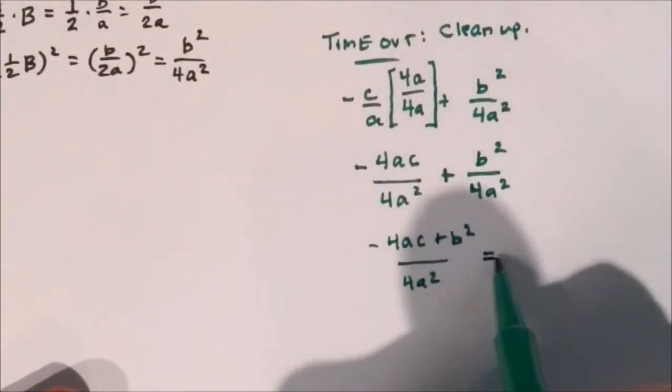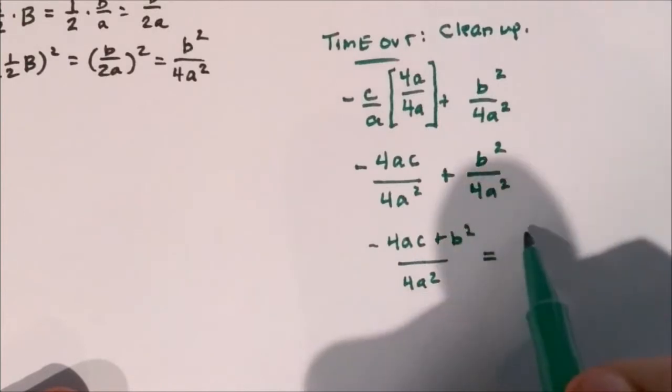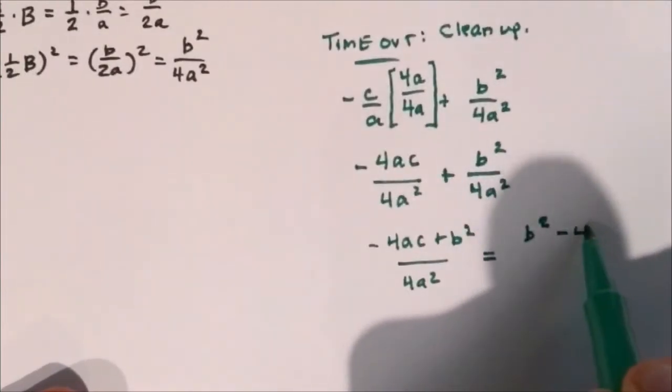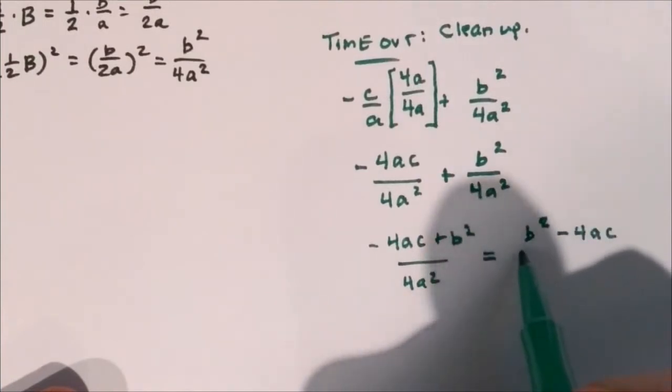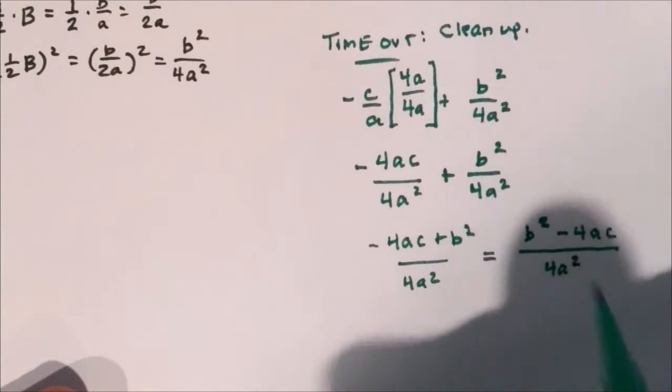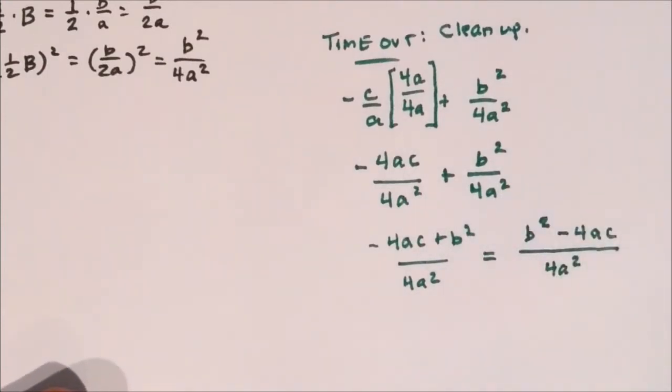We've talked about the less symbols I use, the better. So I think it'd be easier just to remember b squared minus 4ac over 4a squared. So I think that would just be an easier thing for us to remember. Okay? So hold on. I'm going to do this while you can watch me do it live.